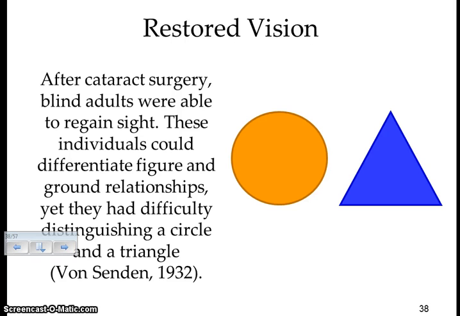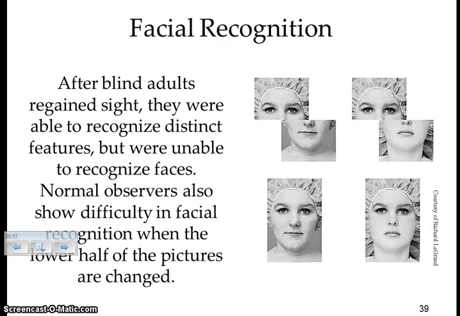Restored vision: as you get older, you get cataracts. With cataract surgery, blind adults are able to regain their sight. These individuals could see the difference between figure and ground relationships, but they had a hard time distinguishing a circle and a triangle. Facial recognition: after blind adults regained their sight, they were able to recognize distinct features, but were unable to recognize faces.